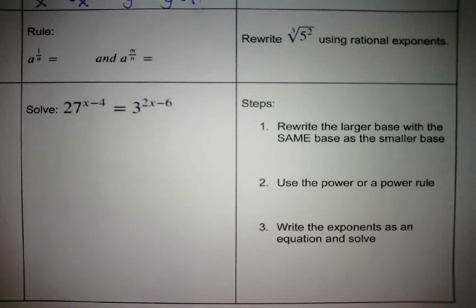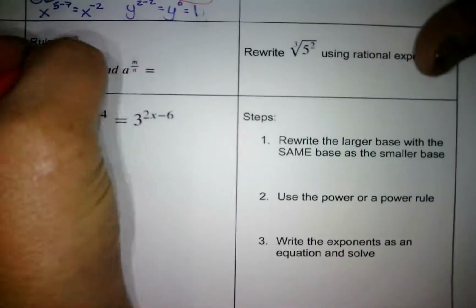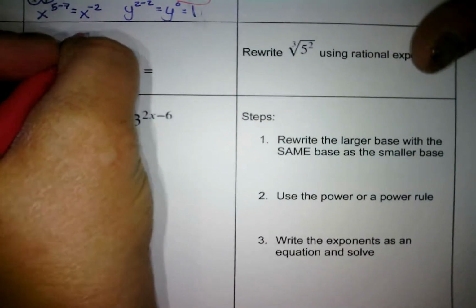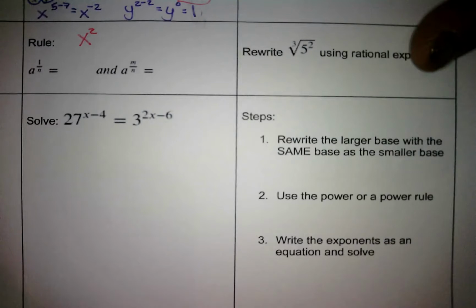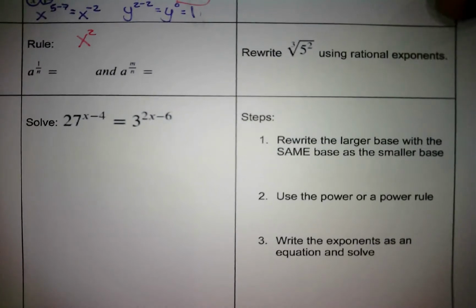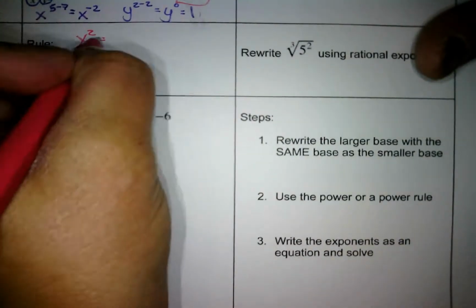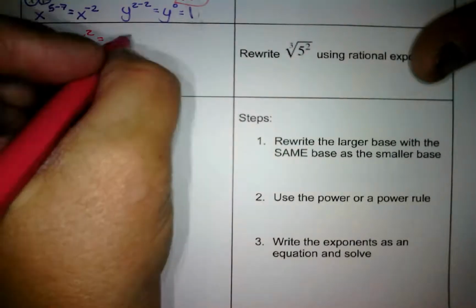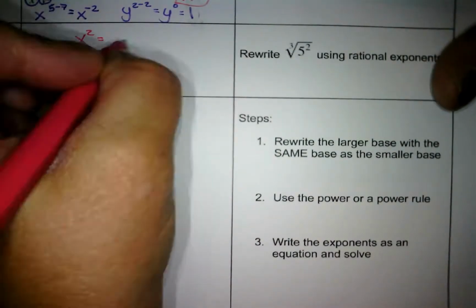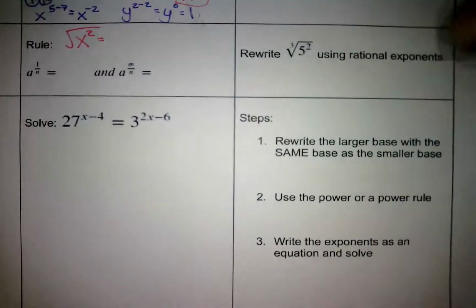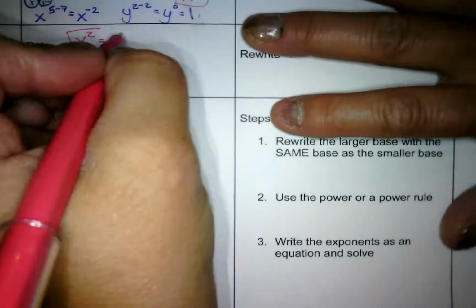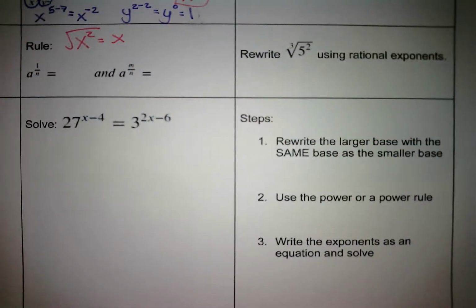If I have x to the second power, the opposite of that would be the square root of x. If I took the square root of that, then I would just have the number x. So I need to make sure that I understand what these rules are and how they work.